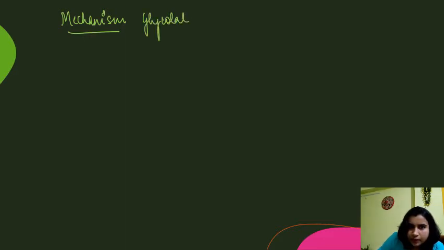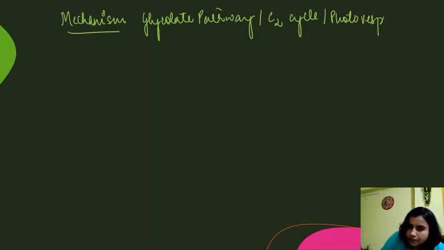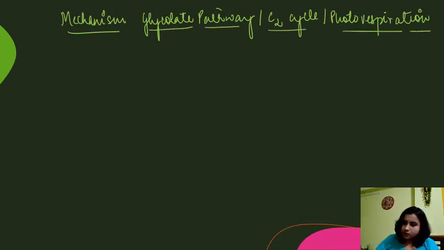So let me write here mechanism of photorespiration. Photorespiration is also known as glycolate pathway, C2 cycle and photorespiration, right? We will now understand the mechanism of all this, right?